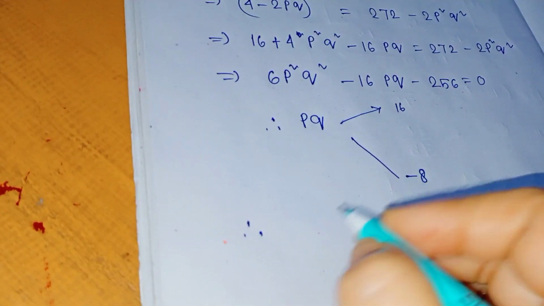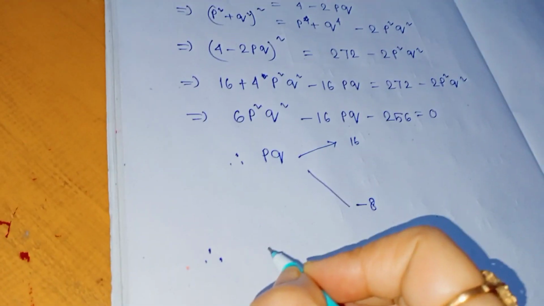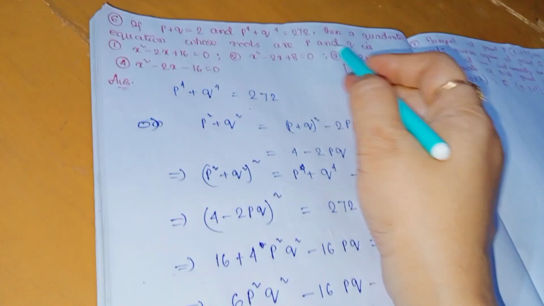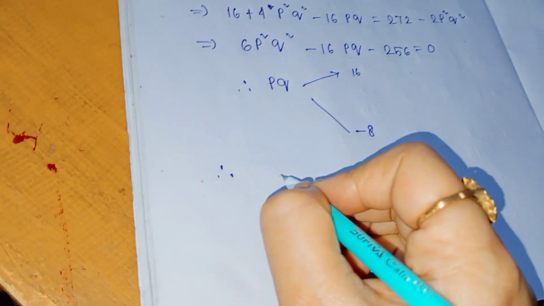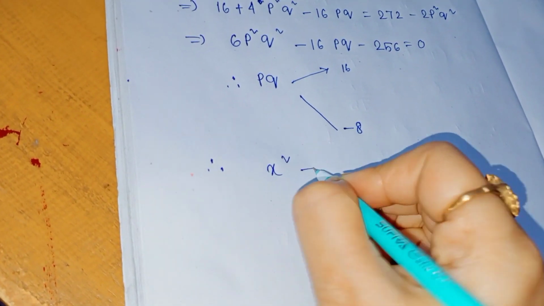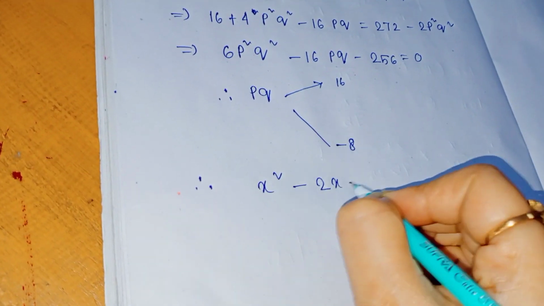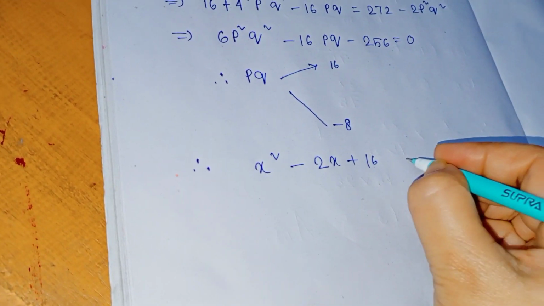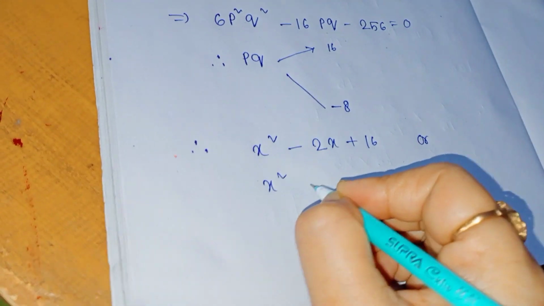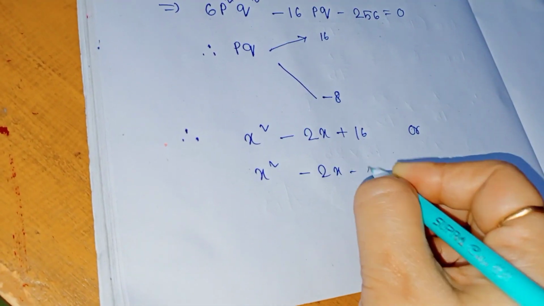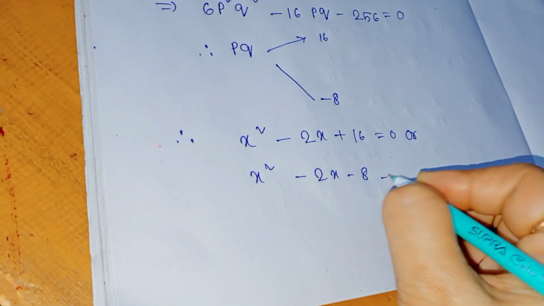Therefore the equation whose roots are p and q is either x square minus 2x plus 16, or the equation is x square minus 2x minus 8 is equal to 0.